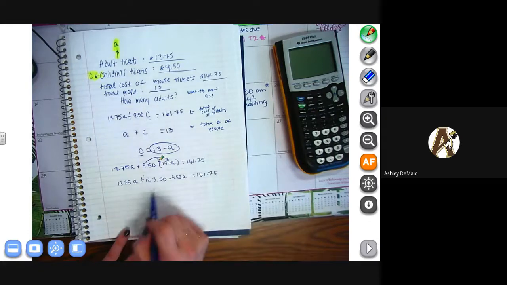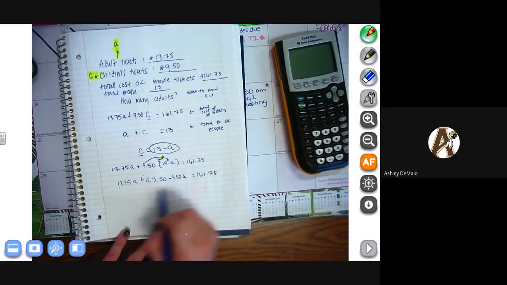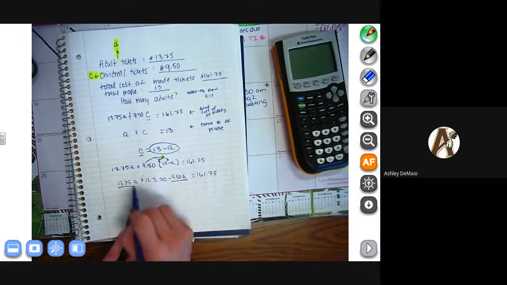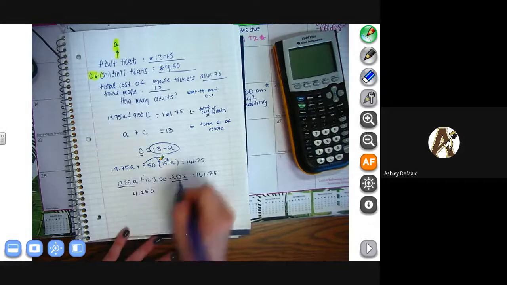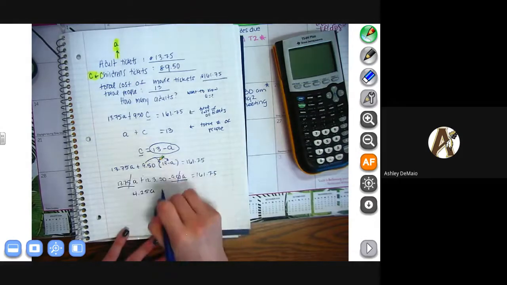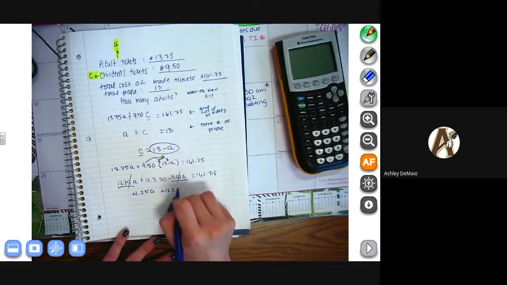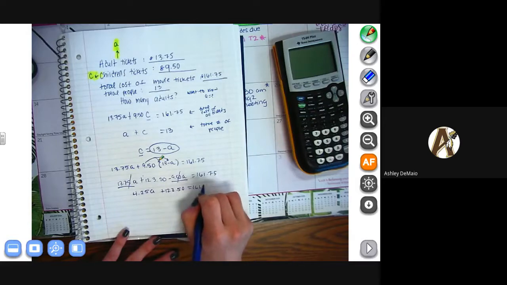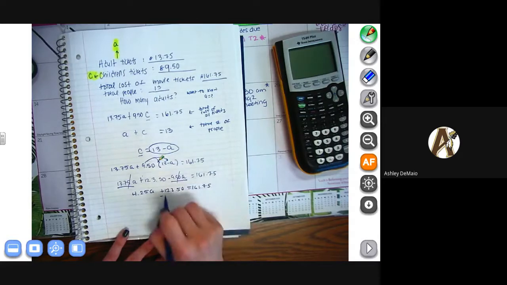We can combine our 13.75A and our 9.50A. So 13.75A minus 9.50A is going to give us 4.25A, plus 123.50 equals 161.75.